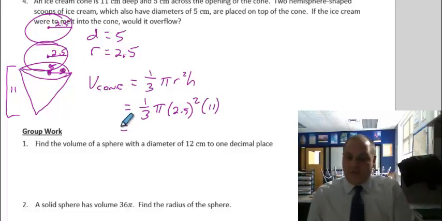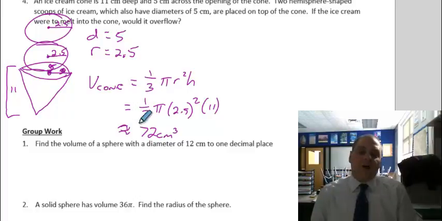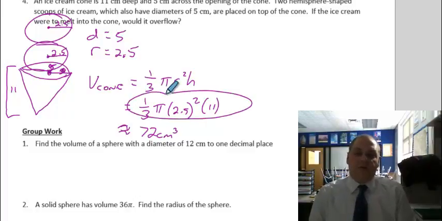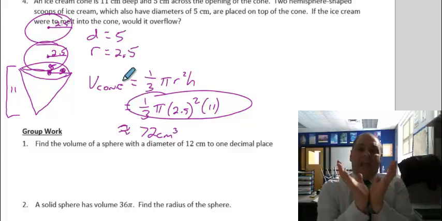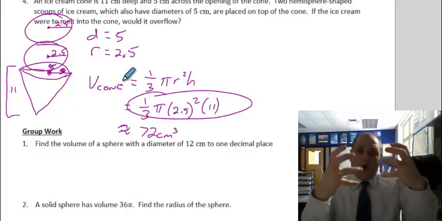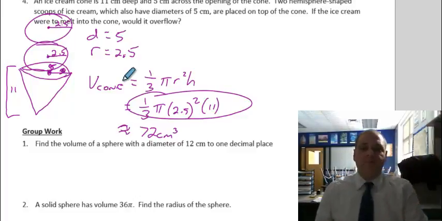So the volume of the cone is approximately 72 cubic centimeters. I just threw all this in a calculator. So the cone is able to hold 72 cubic centimeters of ice cream if it all were to melt in there and become milk, right?